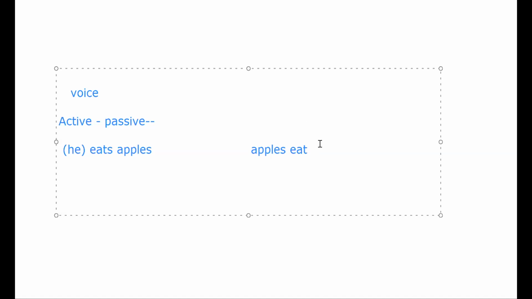Okay. Now, see here. The point is here. I need to change this verb into passive. Now, how do I change this into passive? Eaten. Some subjects can do the actions. Some subjects receive the action.